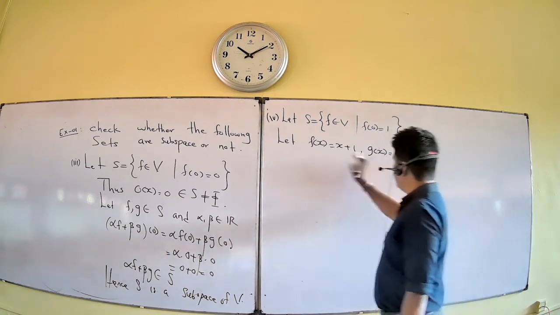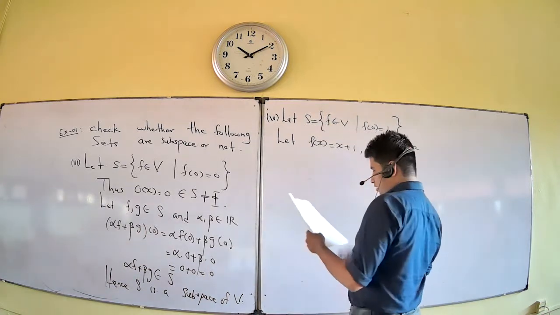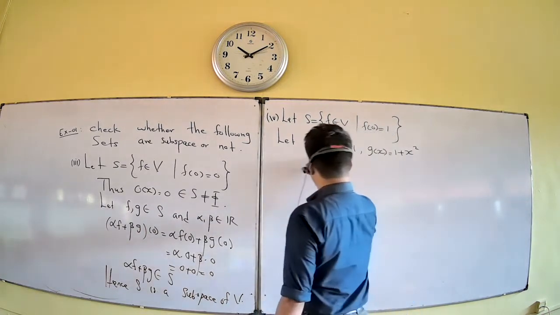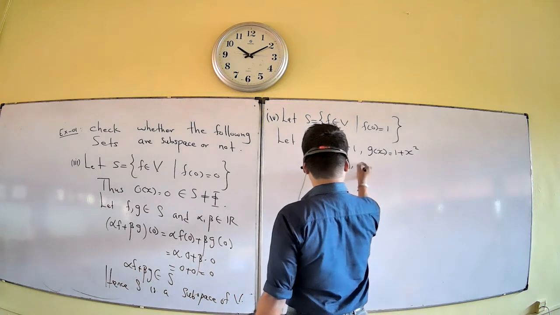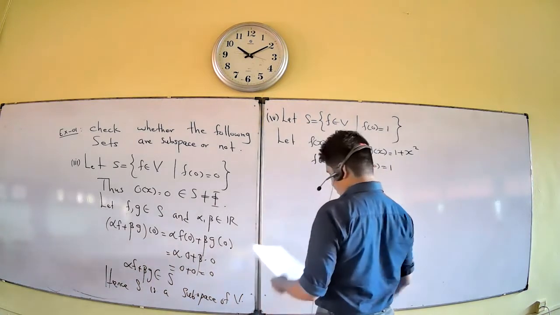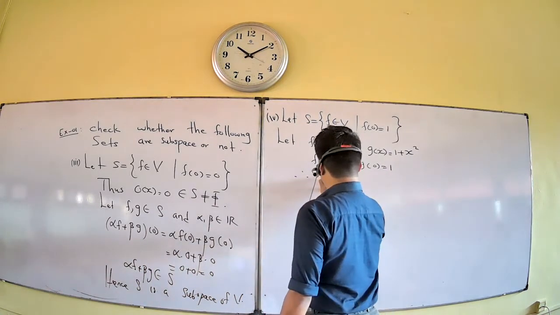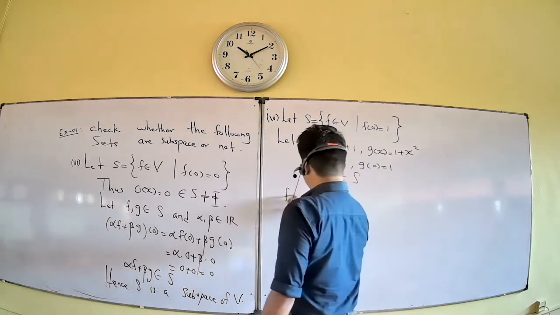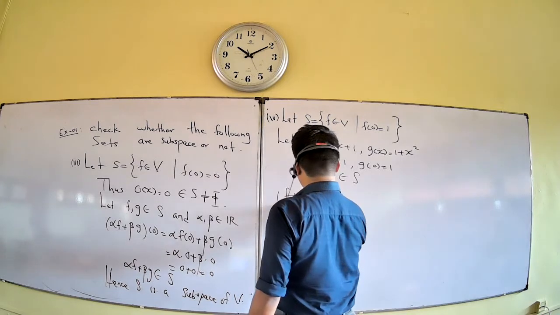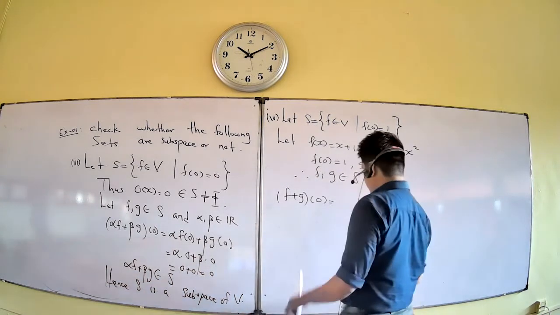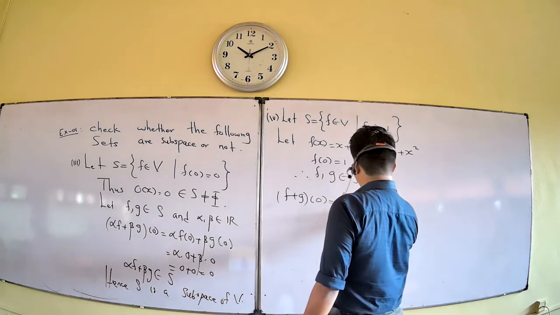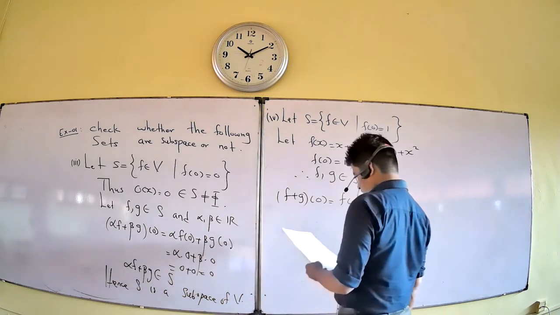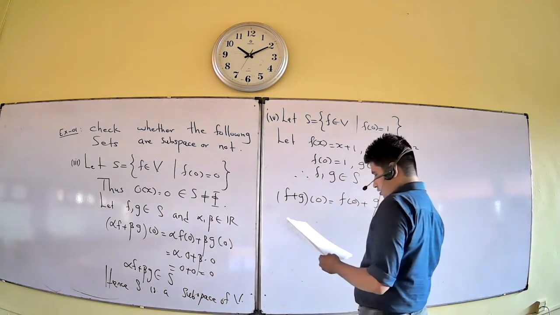So these two are elements of this set because this condition is satisfied: f of 0 is 1 and g of 0 is also 1. Therefore, f, g belong to S. You want to check this condition for f plus g at 0, so f of 0 plus g of 0.